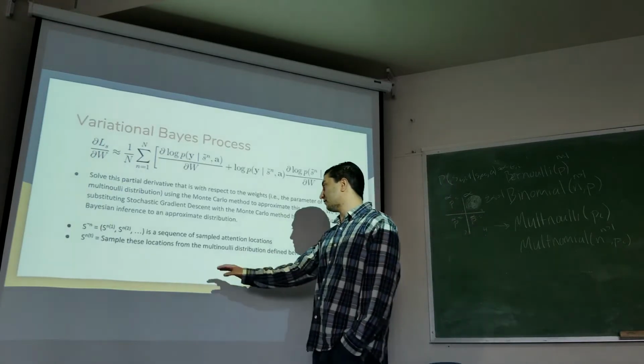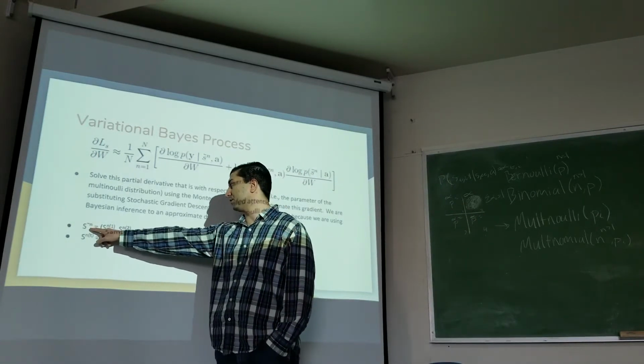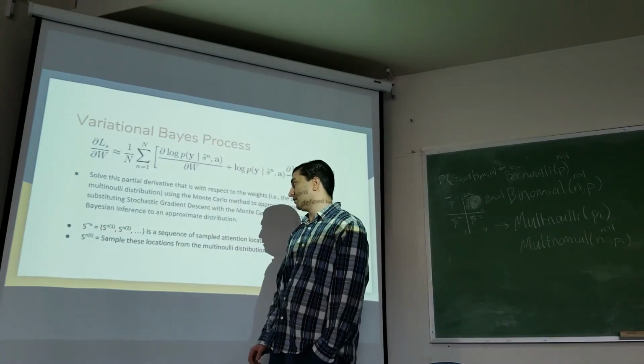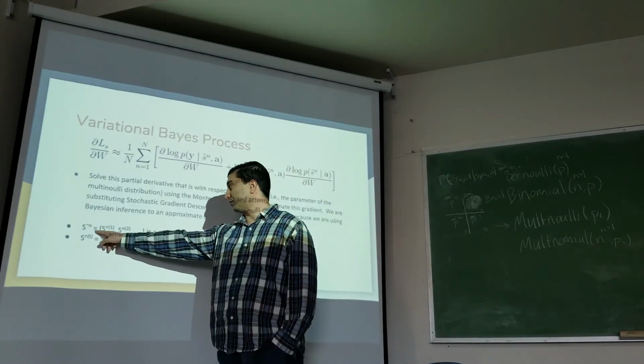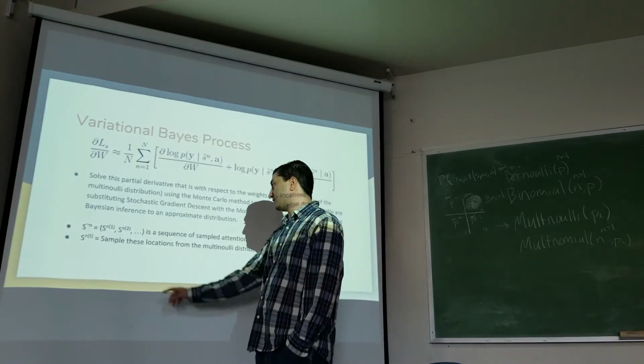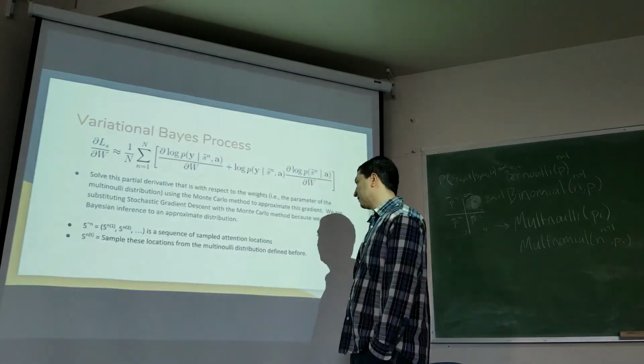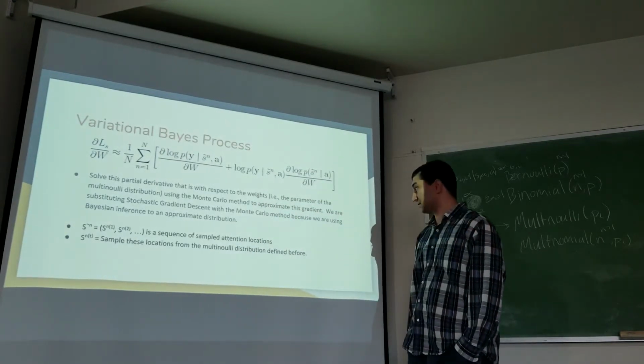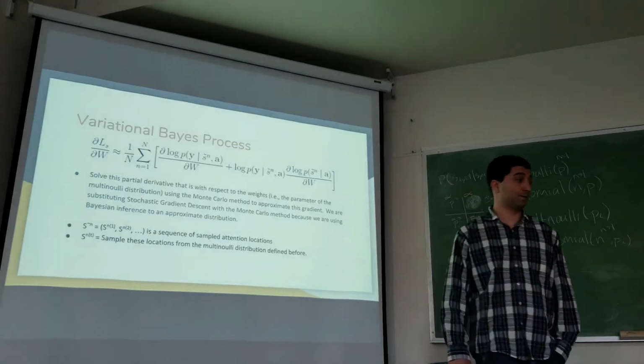So in summary for the notation, we have the set of our sampled attention locations S at iteration n, and then we have S tilde n when we sample from the multinoulli distribution defined before.